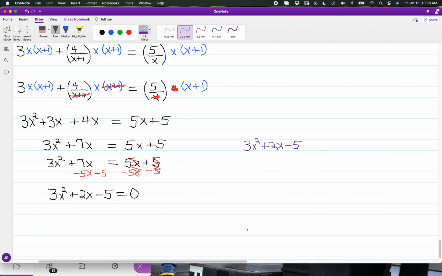If I take the first and the last coefficients, so I have 3 times negative 5 is equal to negative 15. And what I want here will be factors of negative 15 whose sum will be positive 2 as signaled by plus 2x.